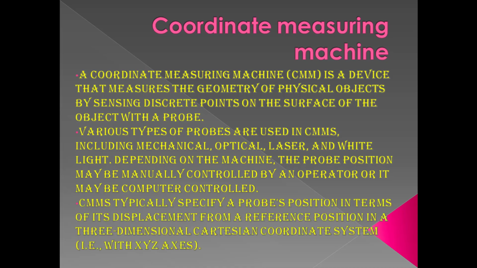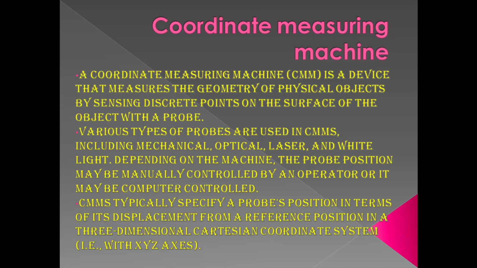CMMs typically specify a probe position in terms of its displacement from a reference position in a three-dimensional Cartesian coordinate system. What it says is that we took an object and placed it on the coordinate measuring machine.